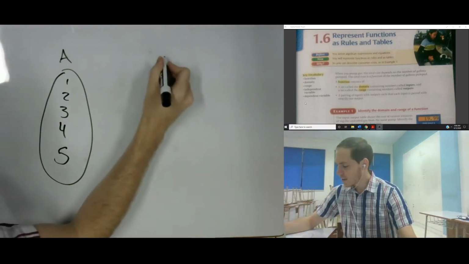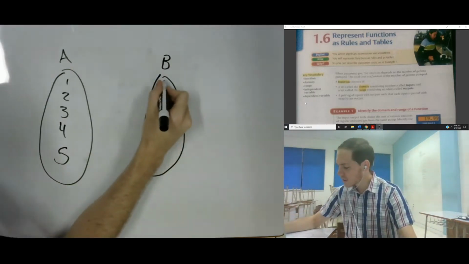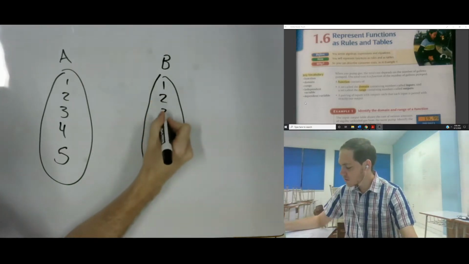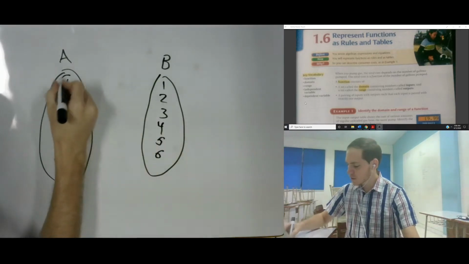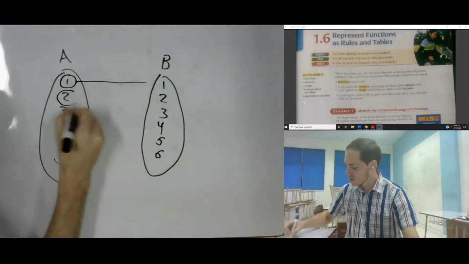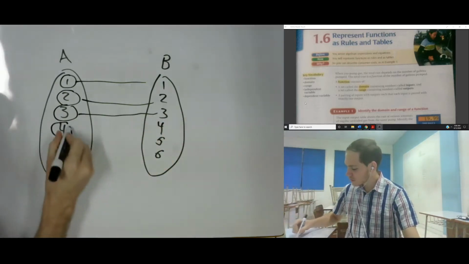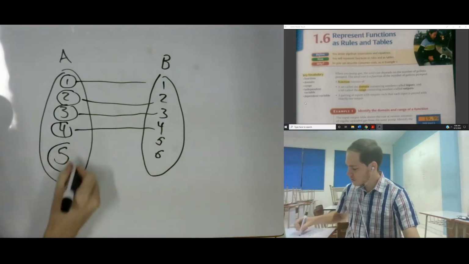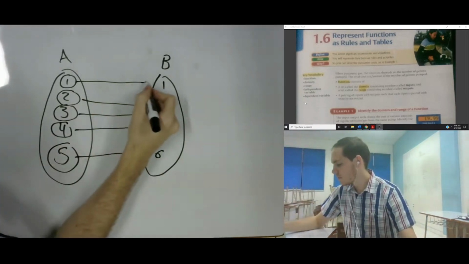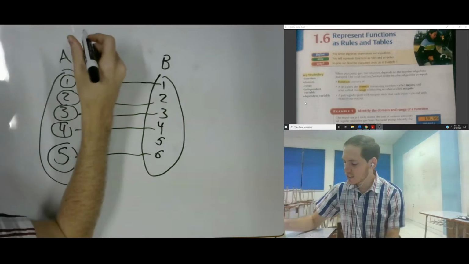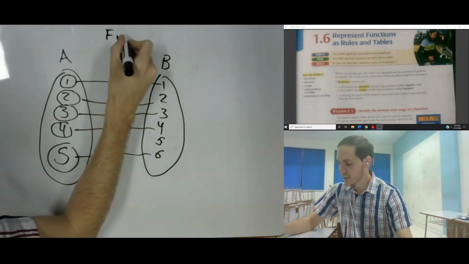Okay, and we have a set B. Now, our set A, guys, it doesn't matter what this is mapped to, for all purpose sake. Now, this connection makes it a function, okay?